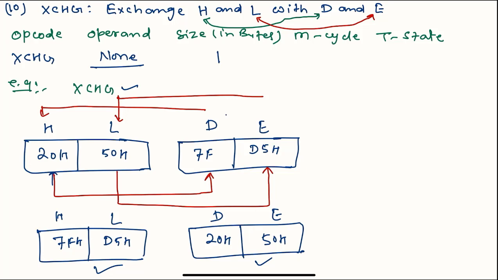That is the reason only one machine cycle is required, called the opcode fetch. It does not access the memory more than once. As we know, by default the time required for an opcode fetch operation is 4 T states. So the number of T states is 4. In this way, this instruction is completed.